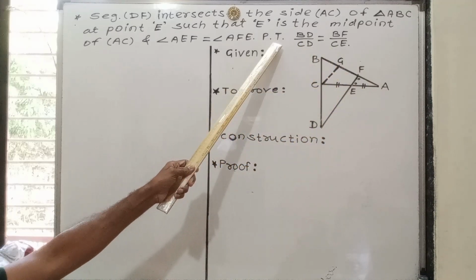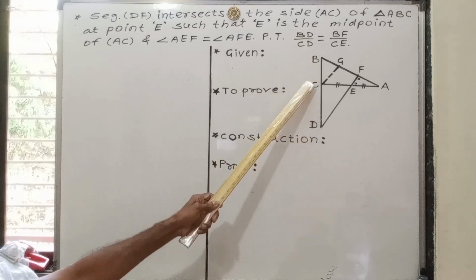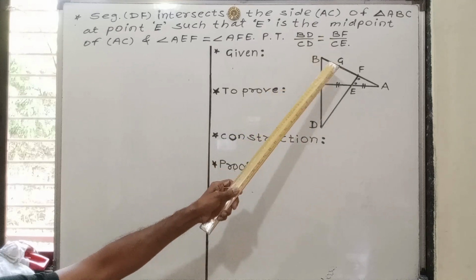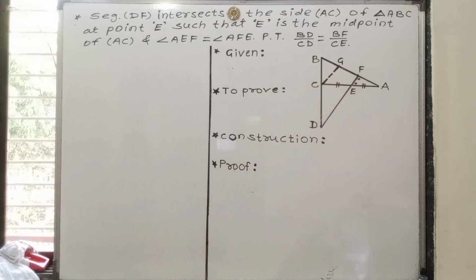Then prove that BD upon CD is equal to BF upon CE.